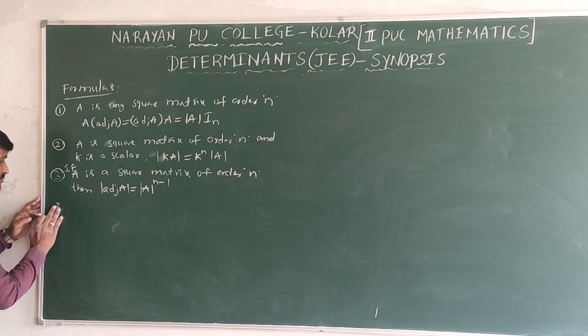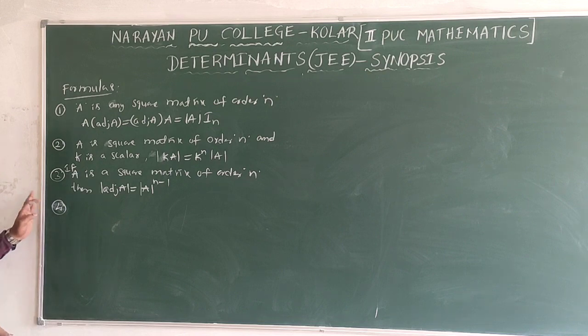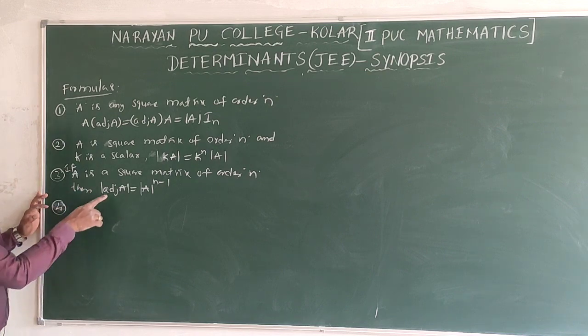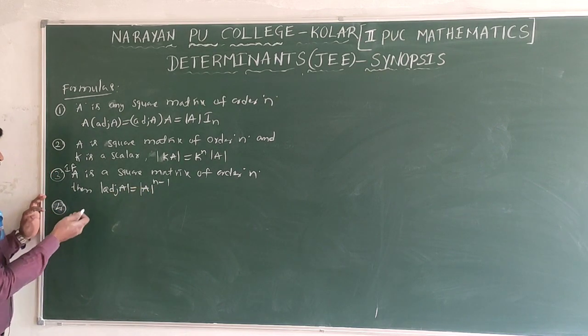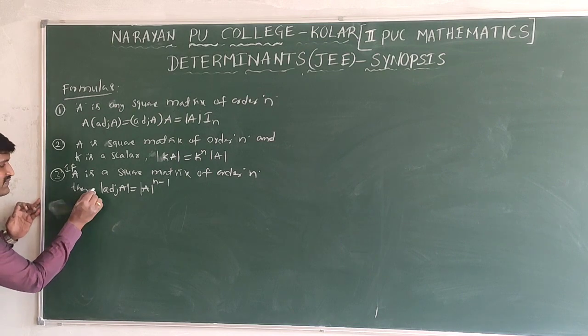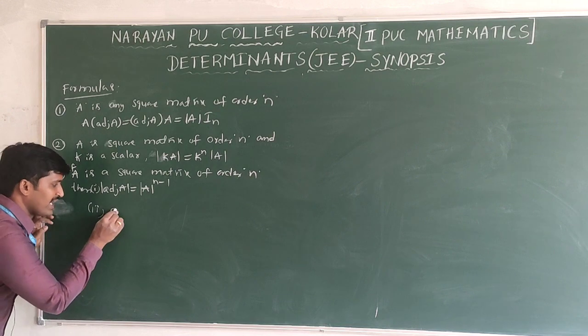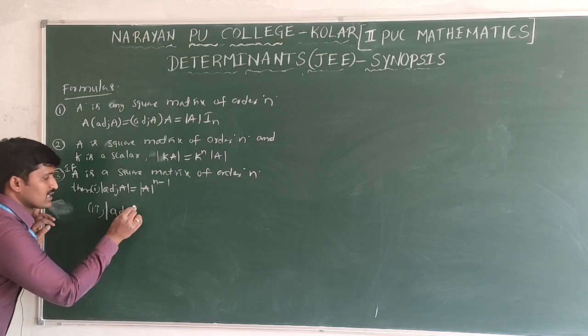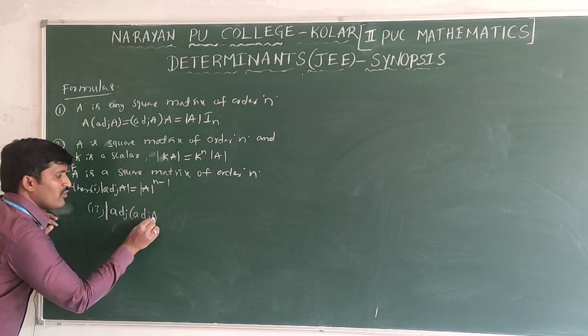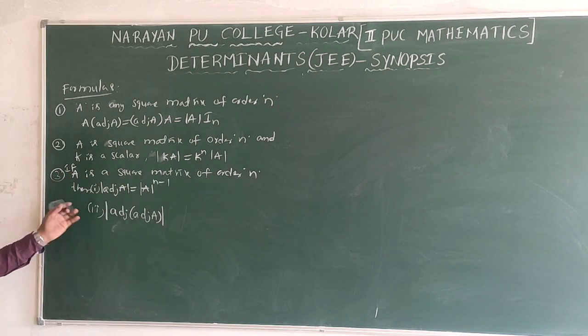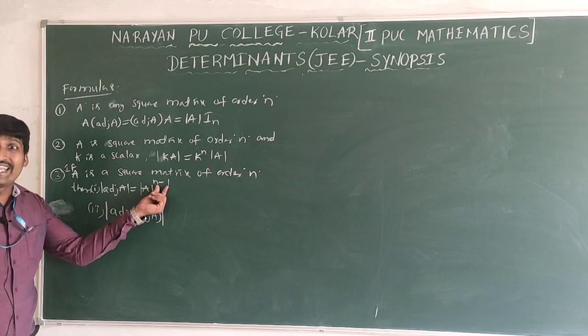Next, fourth one. Same concepts. Det of adjoint A whole power n minus 1. Few conditions are there. In the first one, if you want to find det of adjoint A, the single adjoint gives det A whole power n minus 1.